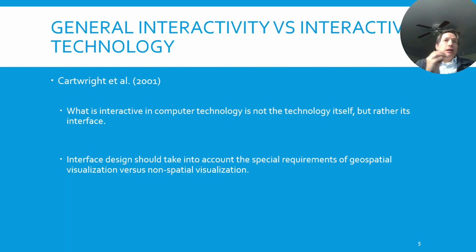Then the interface design has to be taken into account when we are looking into geospatial visualization and non-spatial visualization. Basically, when we talk about design of dashboards, then we are in the domain of interface design, because we are creating one system that allows us to input data and receive something in return.